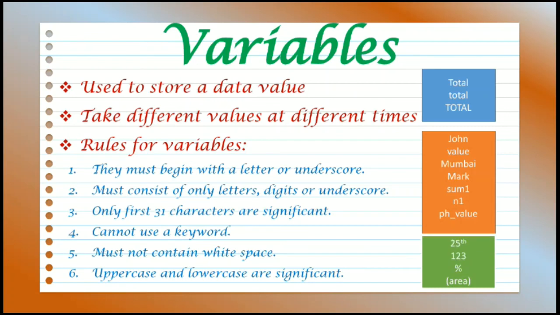Variables like 25th, 1, 2, 3, percent symbol, (area) with open and close brackets are invalid variables because they are breaking at least one rule from the list of rules.